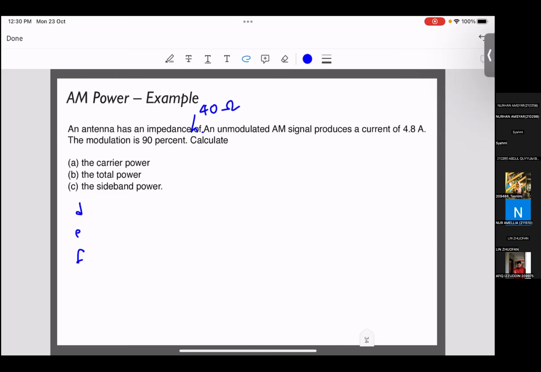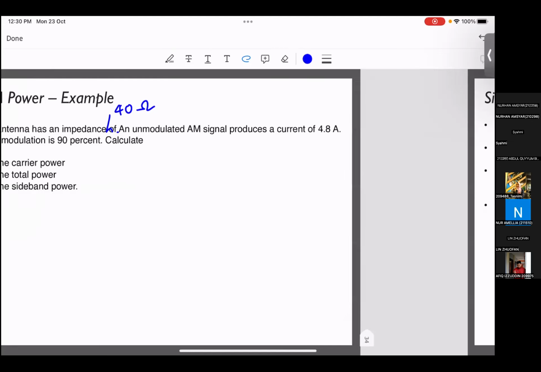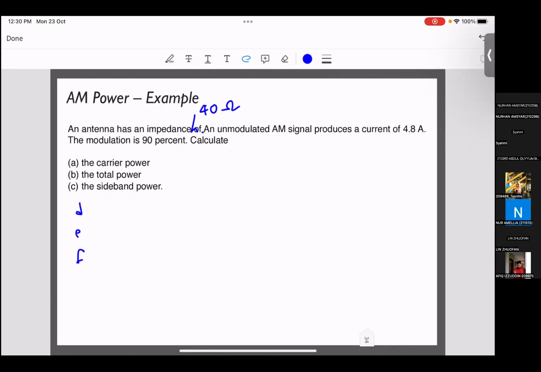Okay, so let's do this one. I don't have the answer. So let's find out what the equation is for these. An antenna has an impedance of 40 ohms. We know that this is the carrier current. This is unmodulated, so this is going to be our IC.